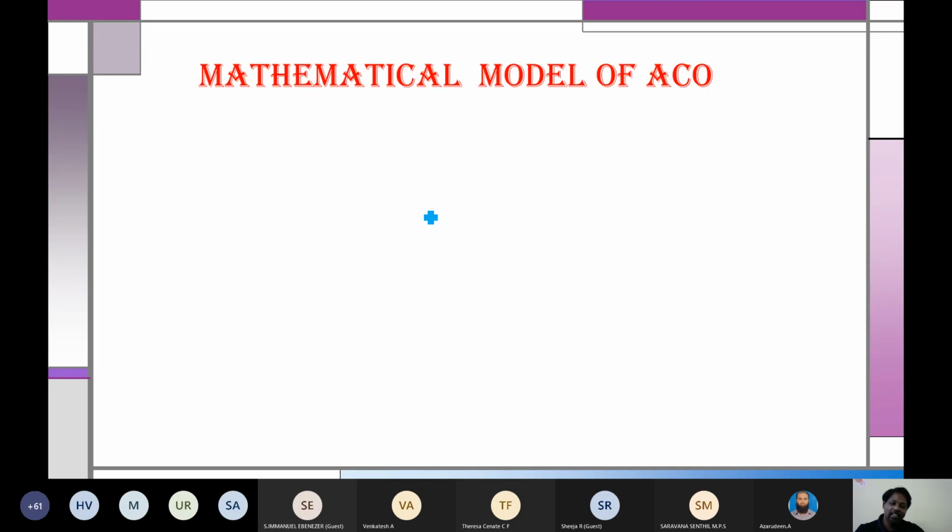How is that done? That has to be done with some probability. So all such things are converted. What we have seen is a real-time example, but we need to write all these things as expressions. We want to convert it into an optimization technique. So briefly, I'll tell you how ant colony optimization, what you have seen till now as an example, is converted into mathematical form.